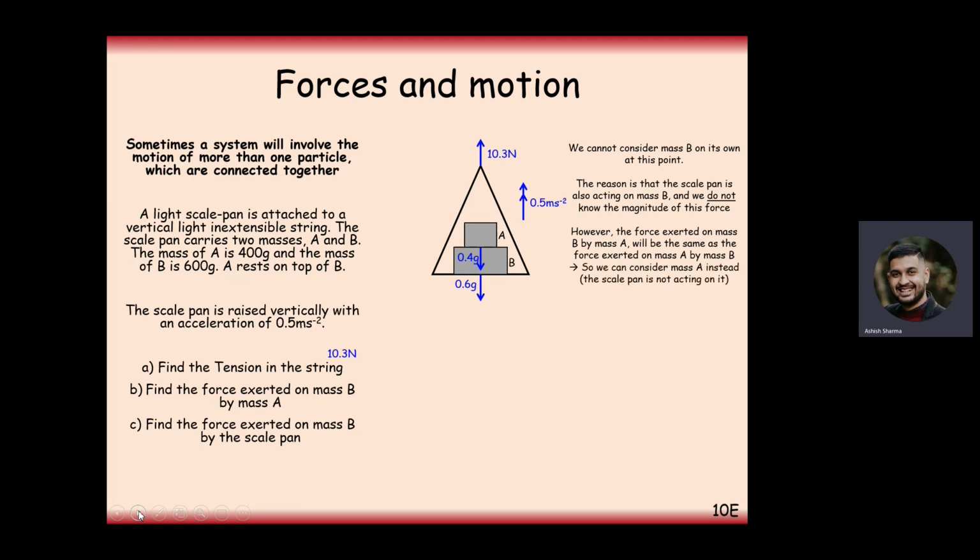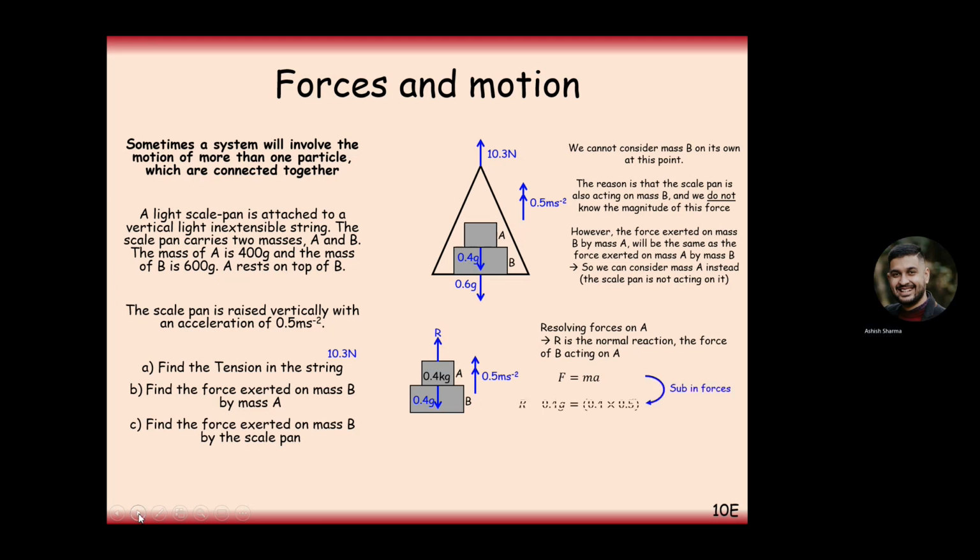So actually, in part B, we can focus on mass A, and think about resolving forces on A. We've got the weight, which is 0.4g, and we've got this force here, which is the reaction force of B on A. This is also accelerating at 0.5 meters per second squared, so we can use F equals ma.